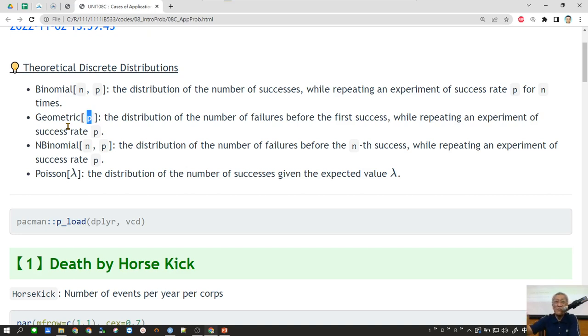For example, you flip a coin until you get the head. How many times do you get tail before you get the head? What is the maximum number of times before you get the first head? There's no maximum, right?